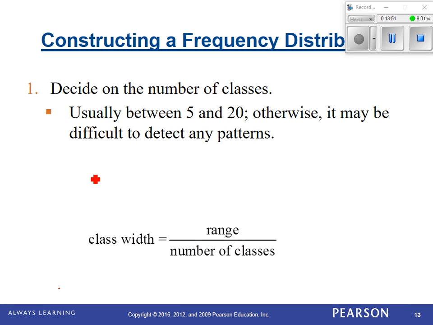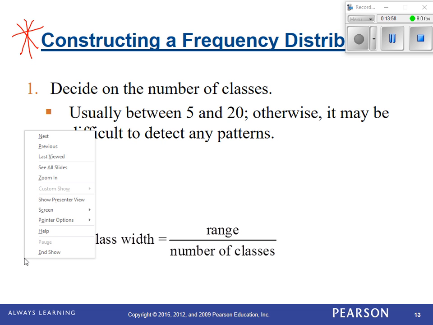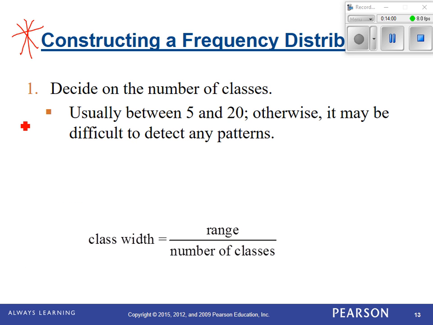Construct a frequency distribution. Number 1, this is key here. You've got to know how to do this. Number 1, decide the number of classes. You're going to be told how many classes they want in most every problem.